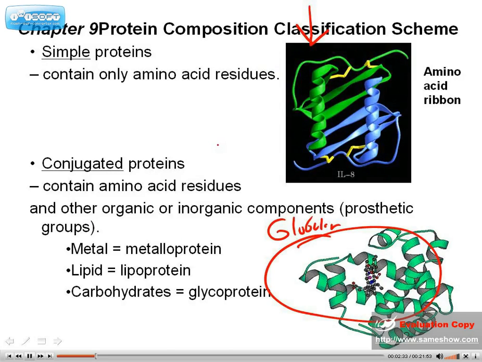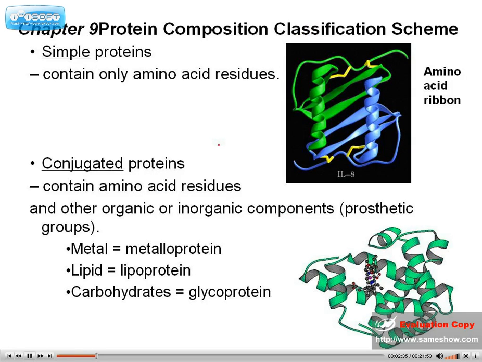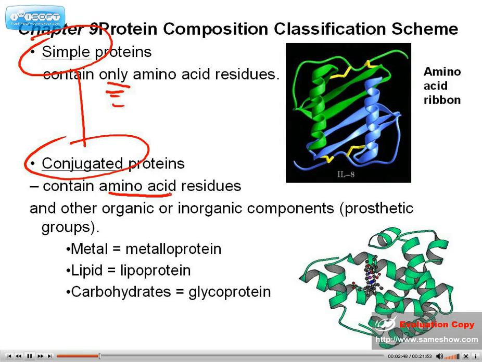We also have another way of classifying, and we call these simple proteins versus conjugated proteins. Simple proteins have only amino acids present in the protein, whereas conjugated proteins have amino acids, and they also have some other organic or inorganic component.